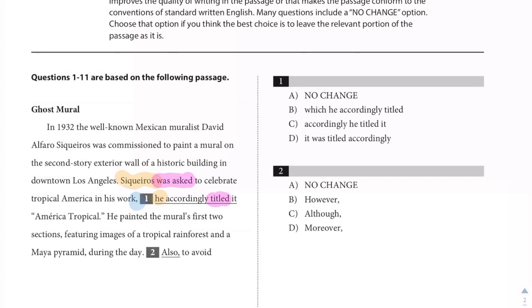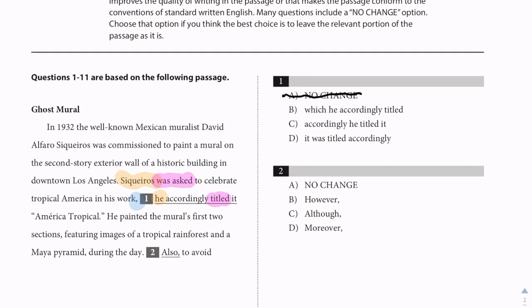With that in mind, we want an answer choice that does not make two complete sentences. So option A, no change, is what we read aloud. This has a separate subject and verb, so it doesn't actually go with that comma we saw. Let's cross that out.